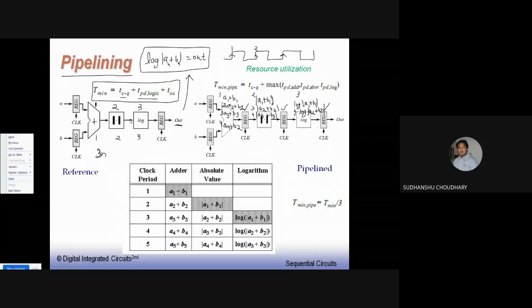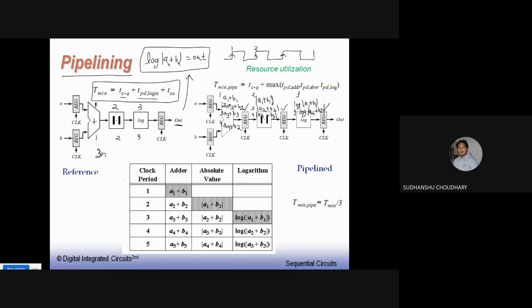Earlier we had seen that this was taking a complete 3 cycles, with the output coming in the third clock cycle, and in the third clock cycle, these two were sitting idle. Now pipelining is not letting the other elements sit idle. Addition is working in the same clock cycle, modulus is also working, and log is also working, right?